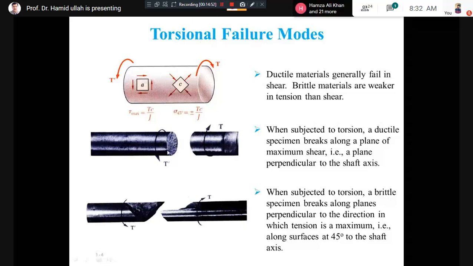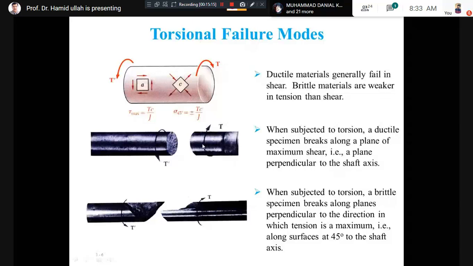after failure? You can see here, the middle figure, this is ductile material, and this ductile material is subjected to torsional load. At maximum load, failure happens, as we have studied. So this is the failure of the ductile material because of torsion.